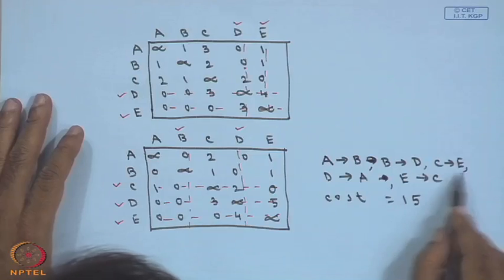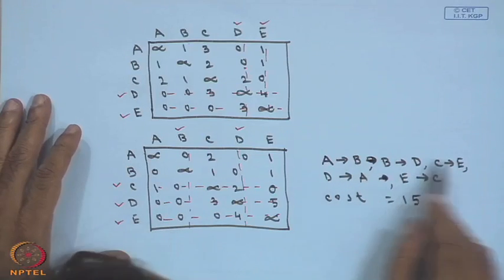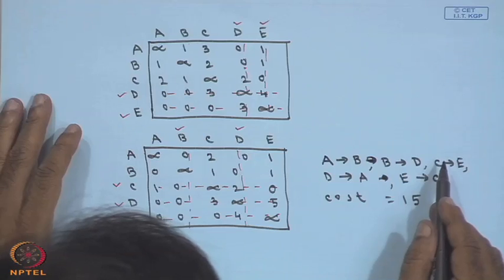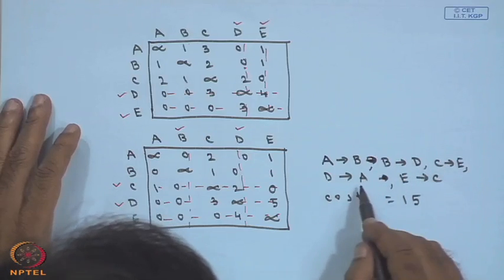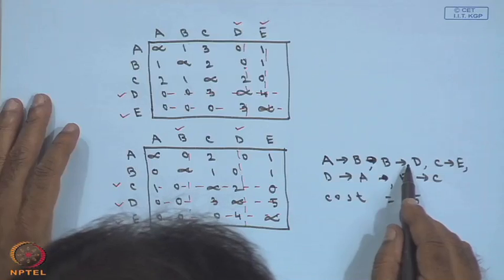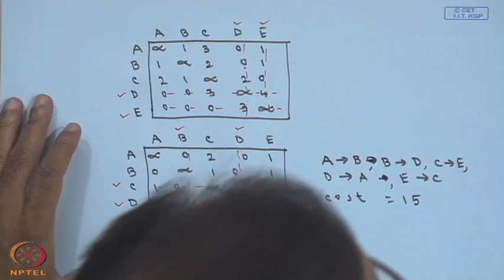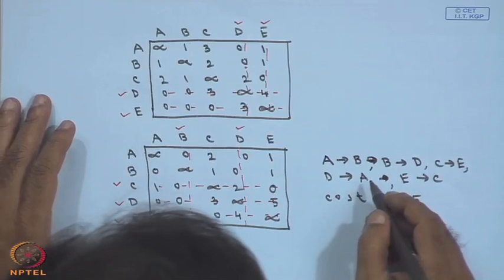If you see here, this solution of the assignment problem is not the solution of the TSP, because this is not forming a loop. You are starting from A or any point, but you are not going back to the other one. So, this is your solution 1.